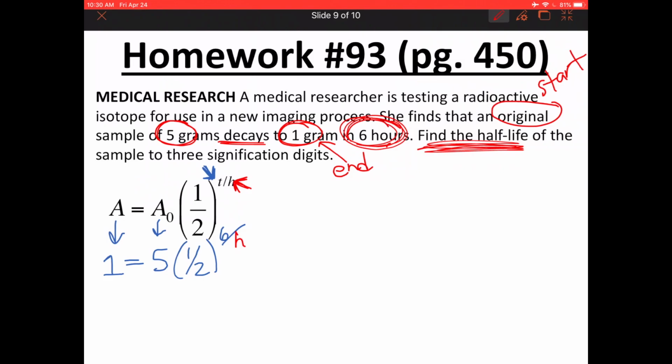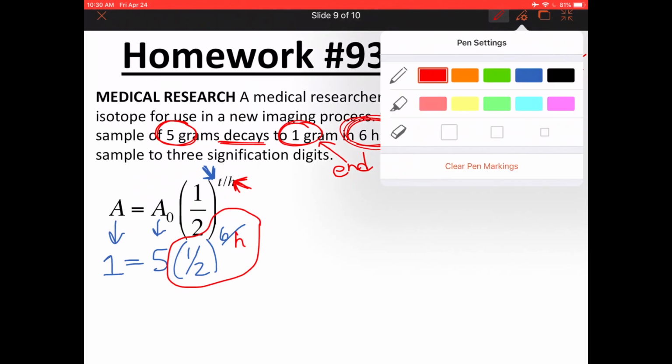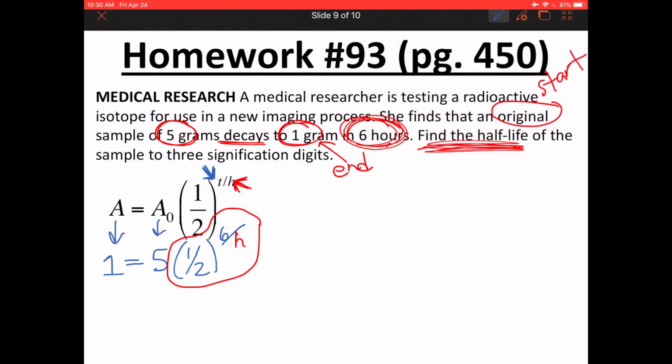Okay, so in order to solve for H, remember, it is only the 1/2 that has the exponent to it. So we want 1/2 in the exponent all by itself. So to do that, I divide both sides by 5.